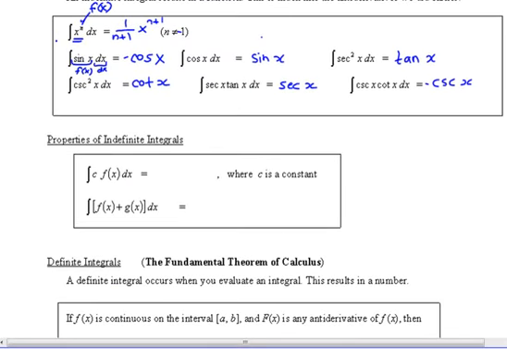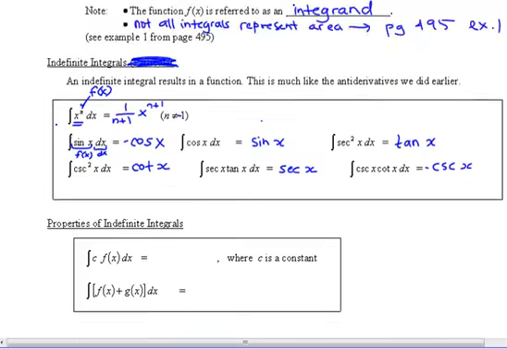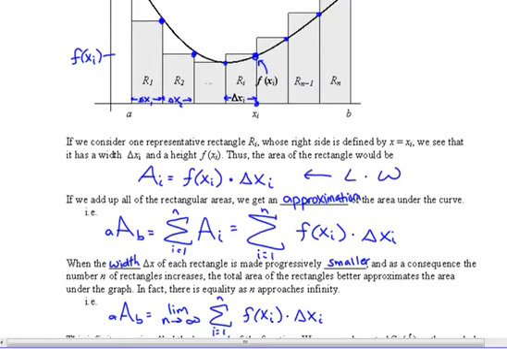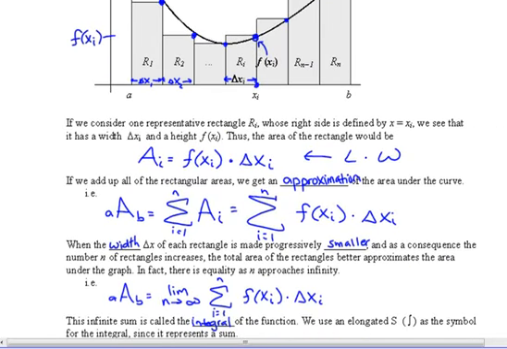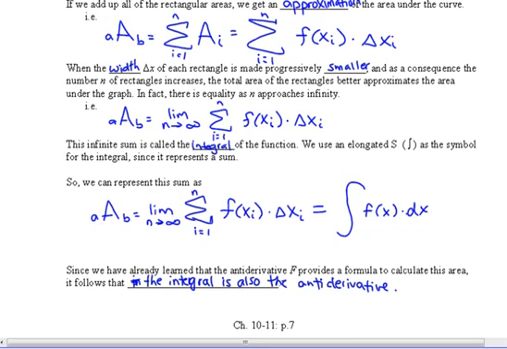Okay, properties of these are the same. If you have a constant times a function, so like you had 2 sine x, it would be negative 2 cos x, yeah? So again, going back here, the dx is the width. So we're doing length times width. So what we're doing here is the infinite sum of all these rectangles, and the rectangle area is length times width.